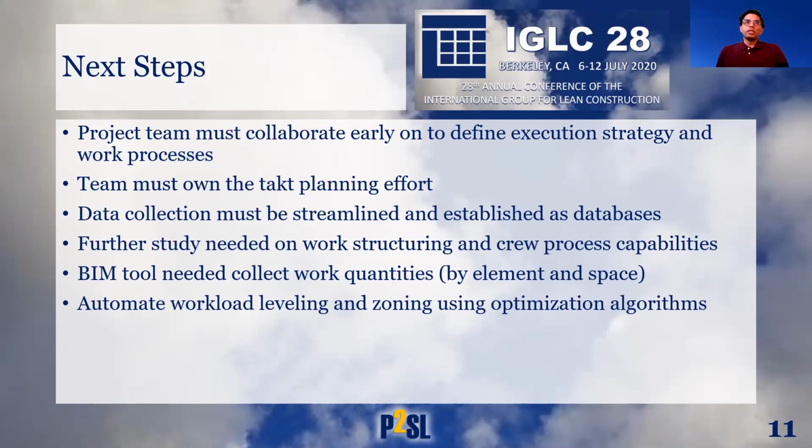Being able to include such decisions based on process capabilities can allow more flexible planning for the future. Other avenues of research can be improving the application of technology being used, like BIM tools to collect work quantities by element or by space. The whole process of workload leveling and zoning can also be automated using optimization algorithms.